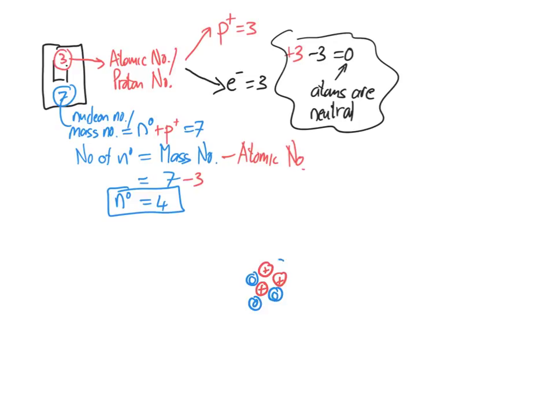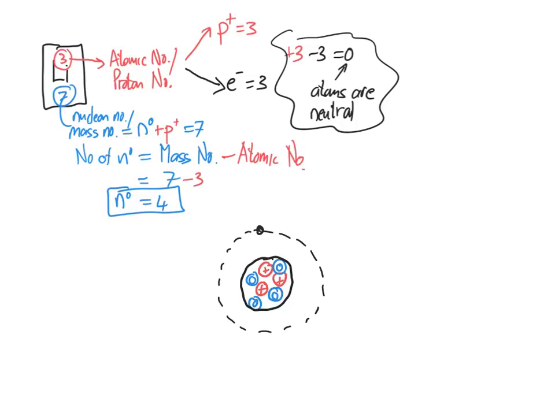It gets a little bit difficult to represent them with little n's and p's in them. And those 7 particles are held together by the strong nuclear force in the nucleus, which is at the center of the atom. And then we are going to draw an orbit around the nucleus, and we are going to put in the electrons.